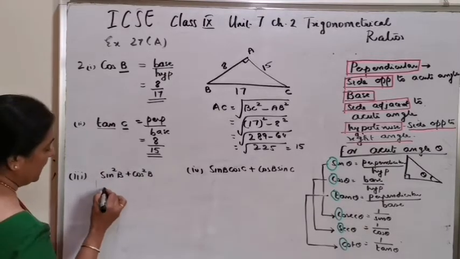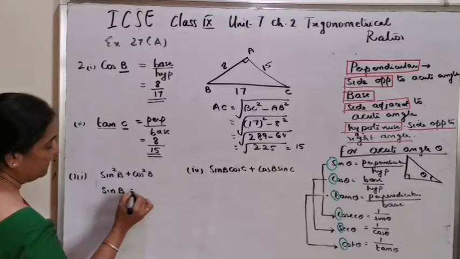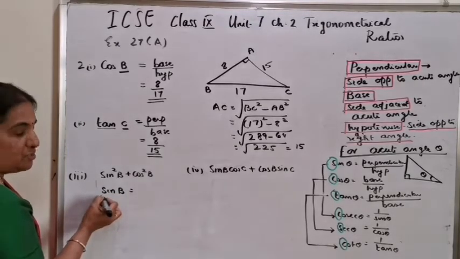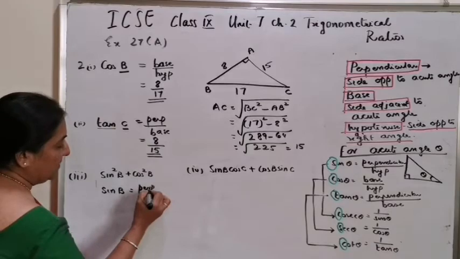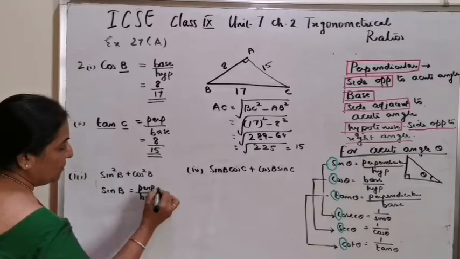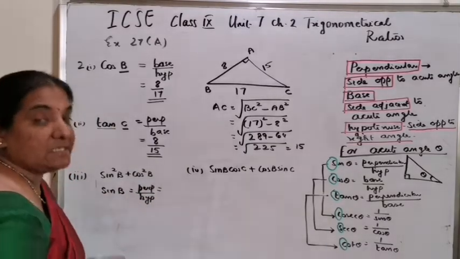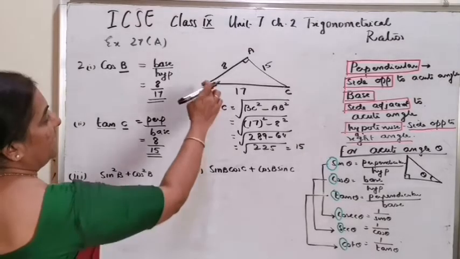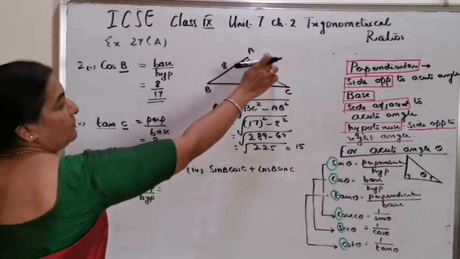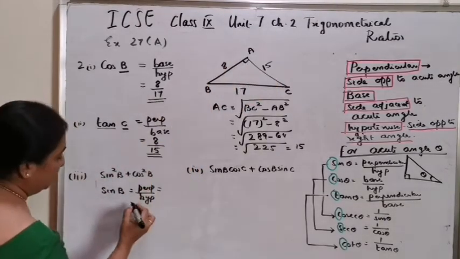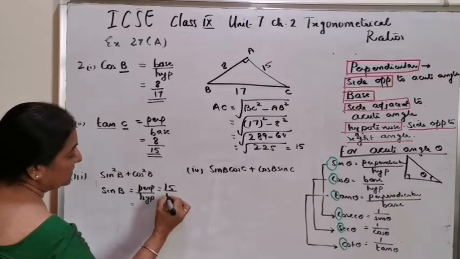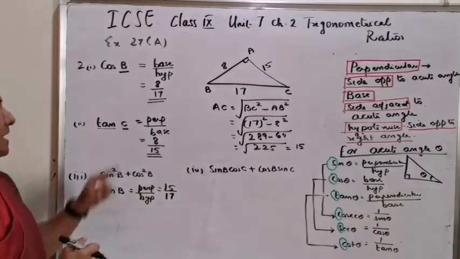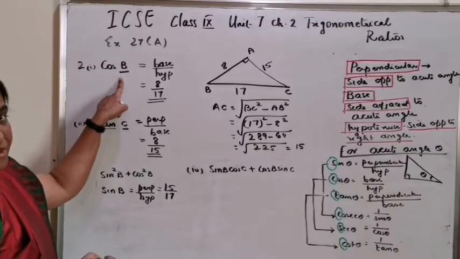And now sine square B plus cos square B. Let's take the value of sine B. The meaning of sine ratio is perpendicular by hypotenuse. The perpendicular is the opposite side of angle B. Which is the opposite side of angle B? It is 15 by, what is the hypotenuse? 17. And you already have the cos B ratio here.